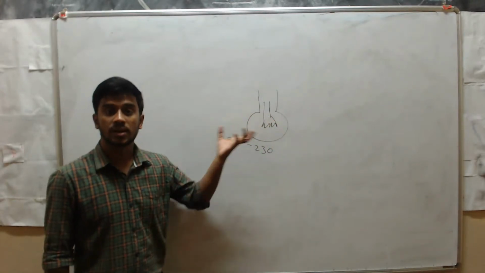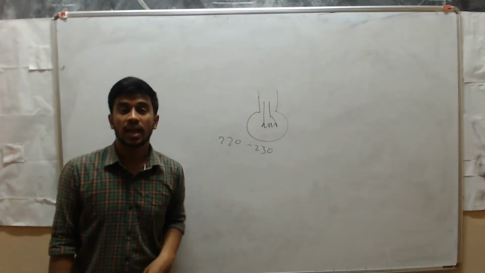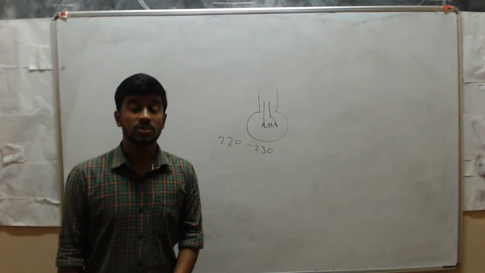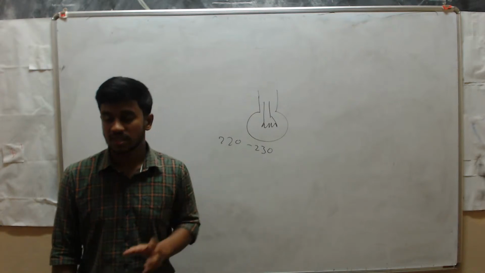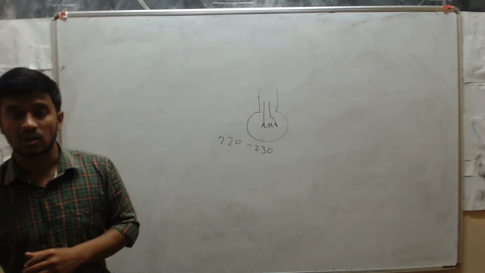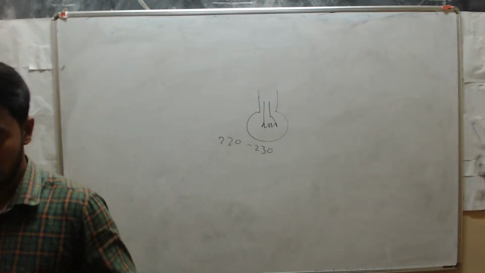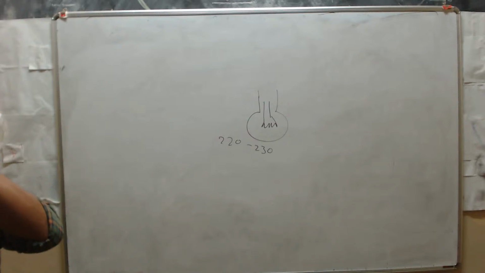Because it has the capacity to hold that temperature. That's the reason we use alloys in heating devices: they do not oxidize or burn easily. This is very important: why alloys are used in heating devices like electric irons and toasters.